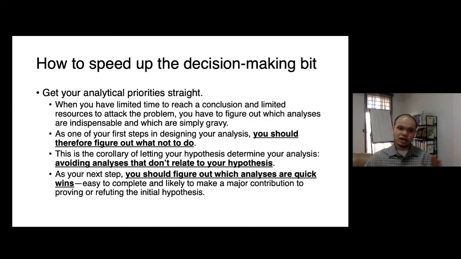Now, second idea in trying to speed things up is getting your analytical priorities straight. When you have limited time to reach a conclusion, and of course limited resources to attack the problem, you have to figure out which analyses are indispensable and which are simply gravy, or nice to have. One of the first steps in designing your analysis, you should therefore figure out what not to do.